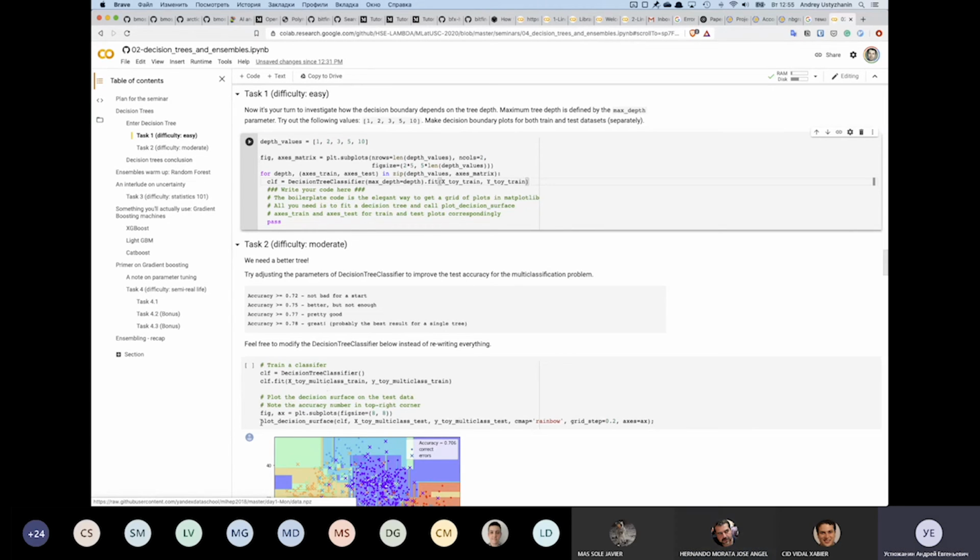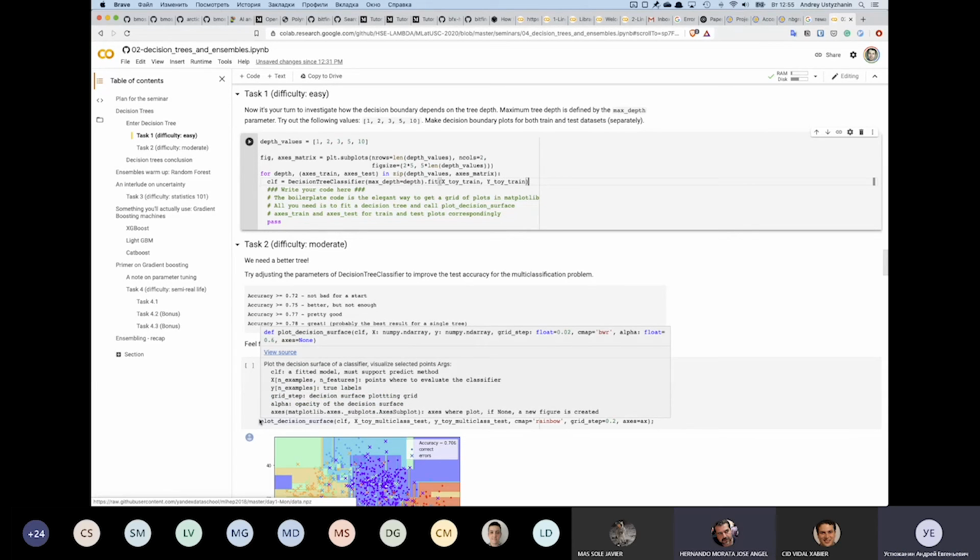And this is basically it. We don't need to do anything more, just call this plot decision surface function.